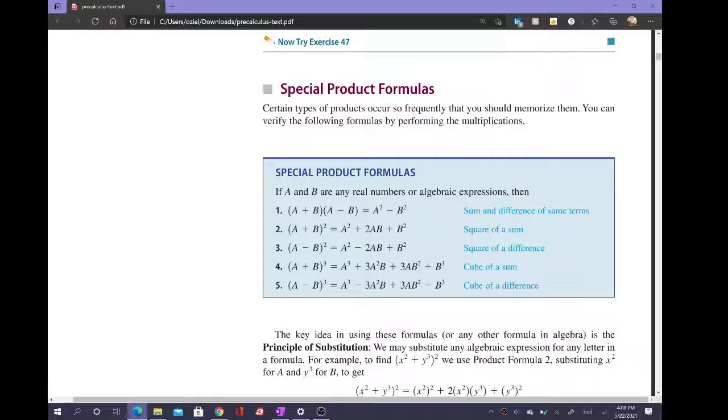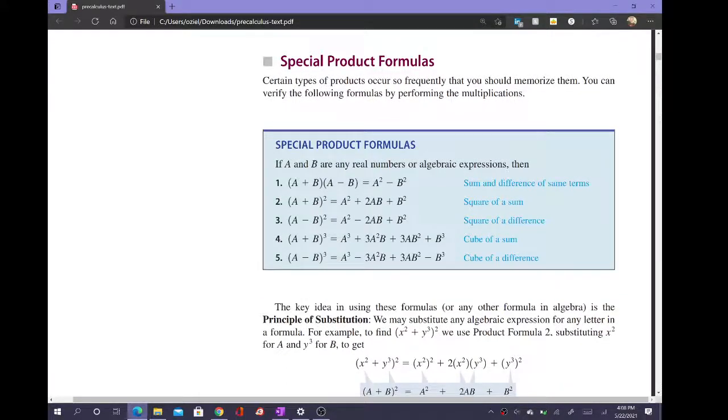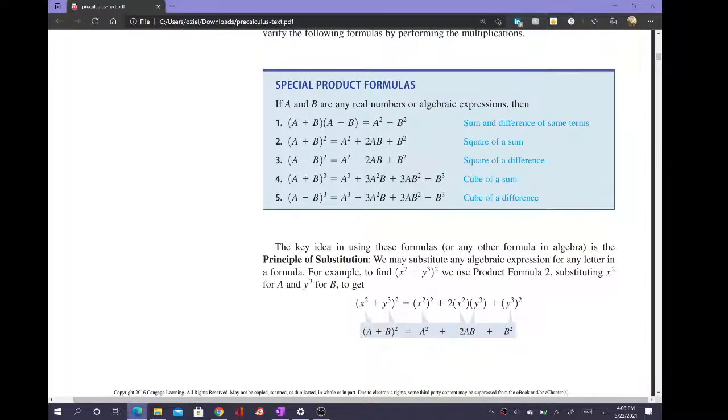And then number 4, which I still have somewhat of trouble remembering, I'll be honest, is the cube of a sum, which is a cubed plus 3a squared b plus 3ab squared plus b cubed. And then the cube of a difference is a minus b quantity cubed, and it's a cubed minus 3a squared b plus 3ab squared minus b cubed.